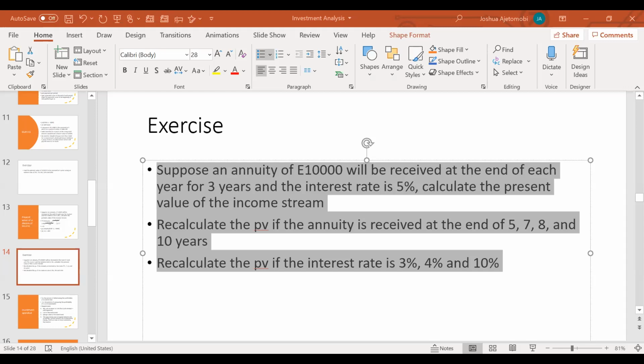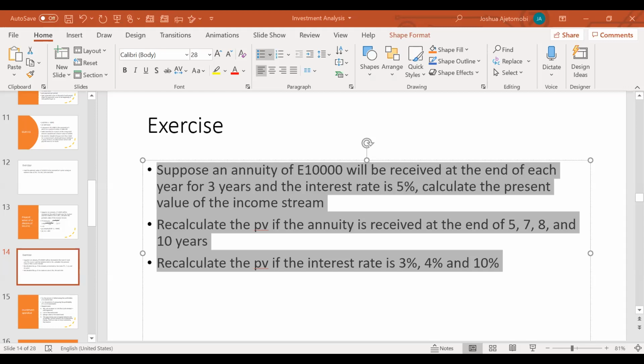Yeah, fine. 7 years, 57863.73. Yeah, that's good. Then 8 years, 64632.13. Yeah, then for 10 years, 77217.35. Yeah.